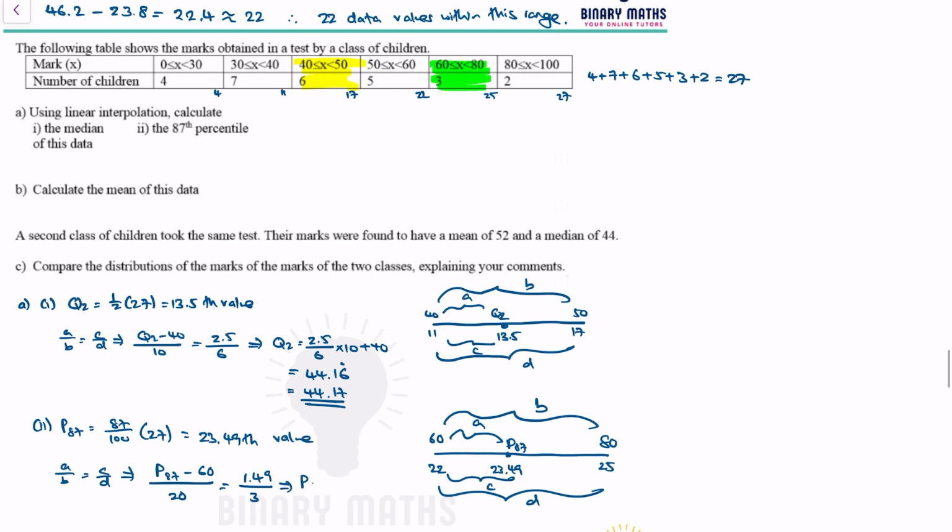Which implies P87 is equal to 1.49 over 3 times 20 plus 60, which gives us 69.93 recurring, which is equal to 69.93.